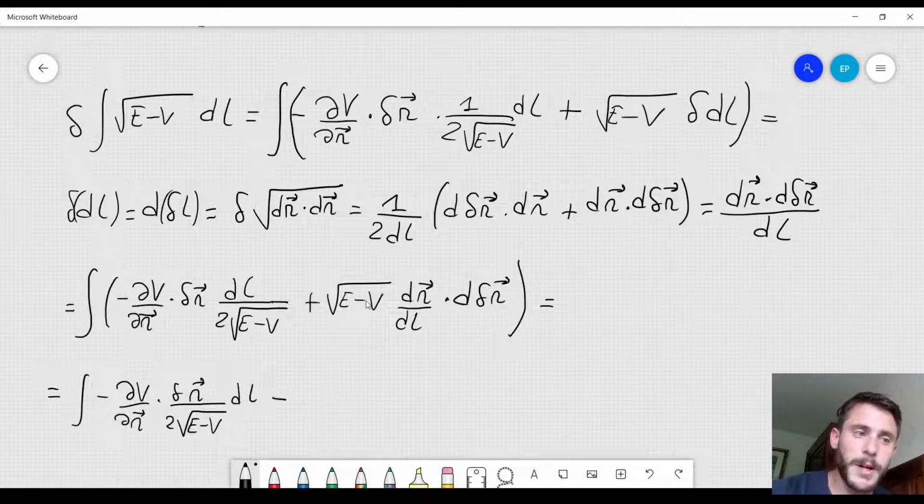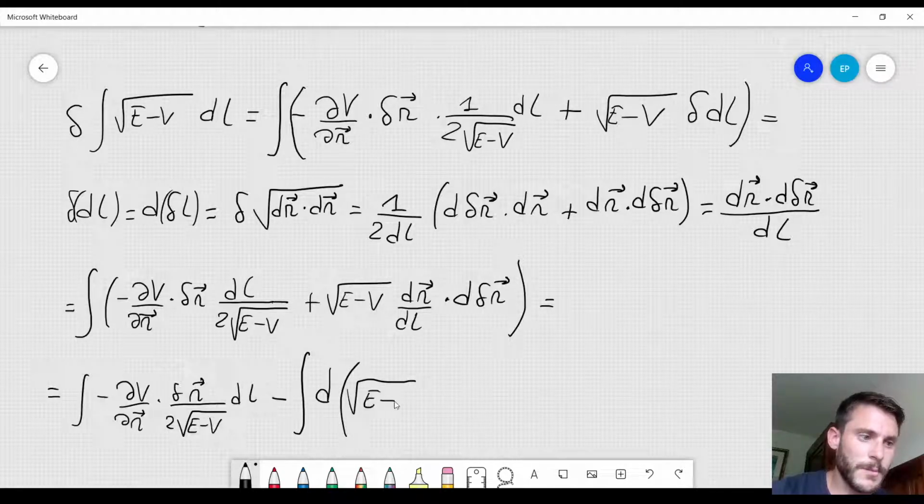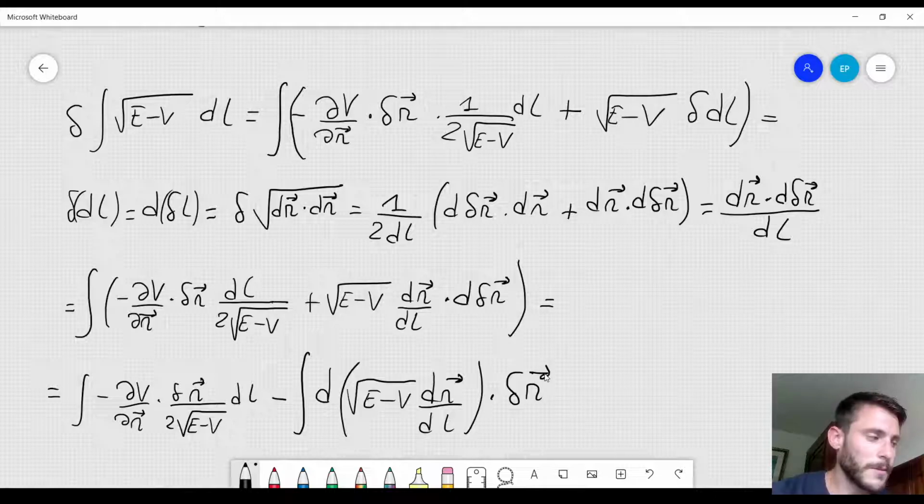I get a minus from here because I'm integrating by parts. So when I integrate by parts, I have this term which multiplies this one, and I have to evaluate them at the boundary. But when I evaluate these terms at the boundary, the variation of r is going to be equal to 0 because I keep the endpoints fixed. So I only have minus integral of. This differential now will act on this. So I have the differential of square root of (E minus V) dr over dl dot product variation of r.